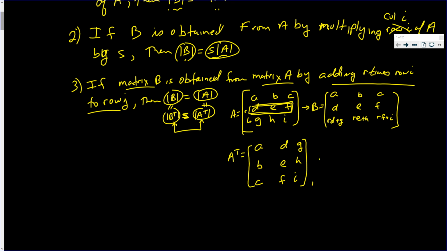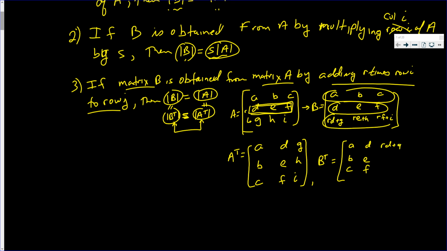Now, let us look at B transpose. The first row, ABC, becomes the first column. The second row, DEF, becomes the second column. And the third row, RD plus G, RE plus H, RF plus I, becomes the third column.